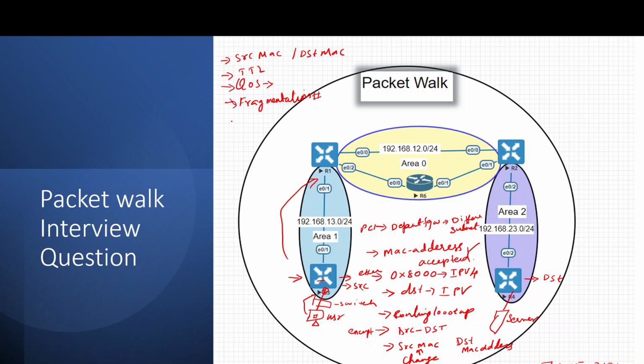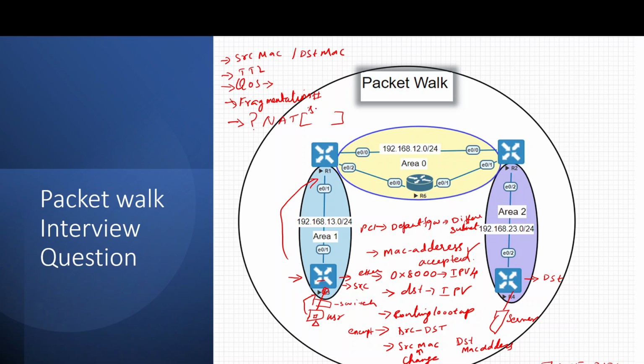What could be the next field that has a chance to change? You can comment if you think of anything, otherwise I'll tell you now. The next thing in the IP packet that can change is the IP address, if they have enabled NAT.